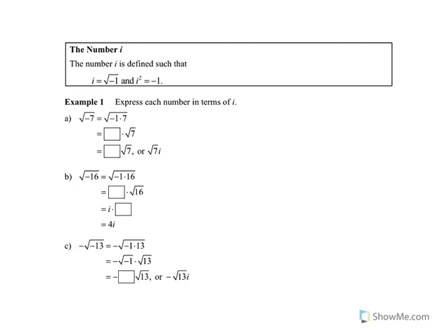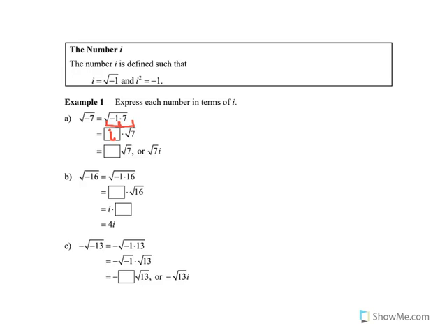So I have the definition above, and it says express each number in terms of the imaginary number i. So I'm starting with the square root of -7. That means that I have the square root of -1 times 7. I know that the square root of -1 is i times the square root of 7.